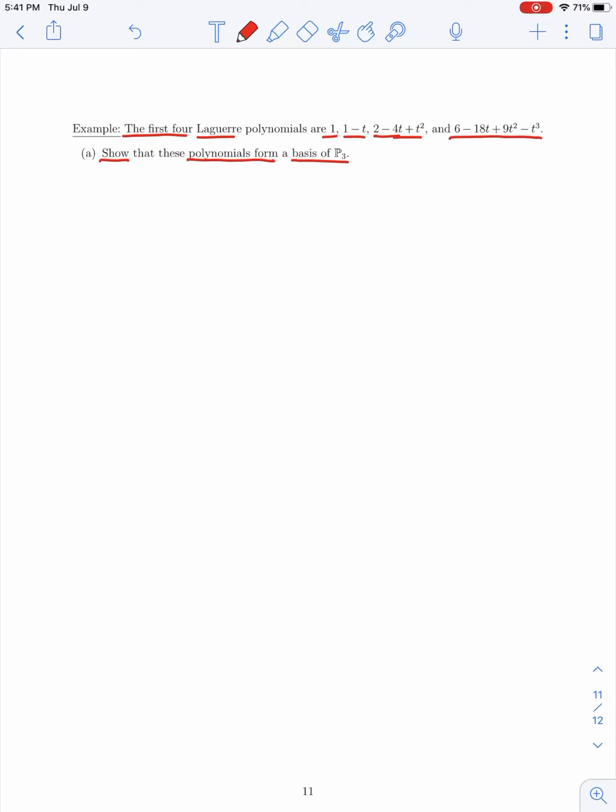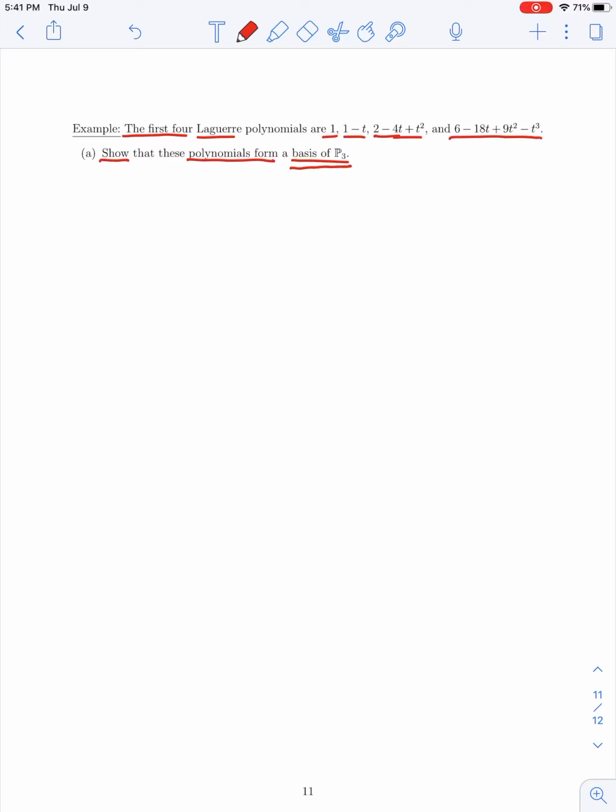So polynomial space is a little bit unfamiliar. It's a little bit trickier to work with than vectors in Rn, but we know that the space of polynomials, P3, is isomorphic to R4 using a coordinate mapping.